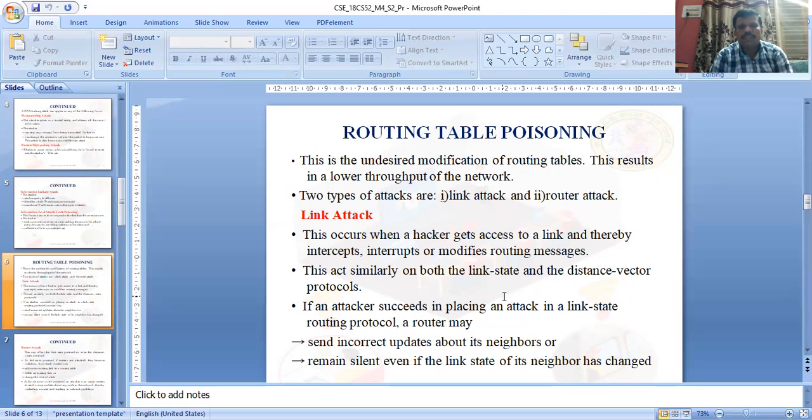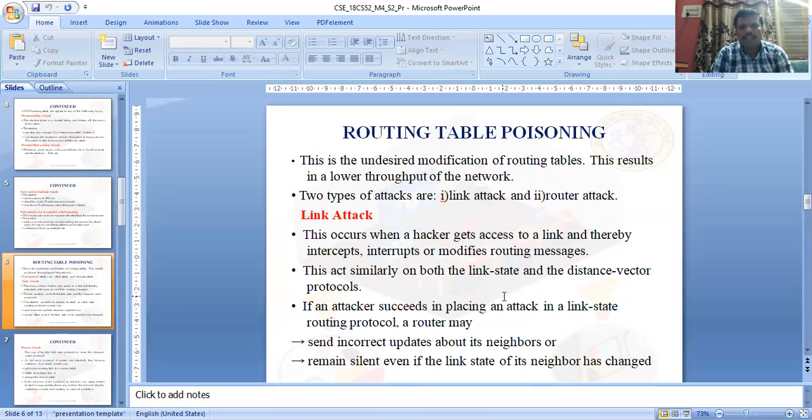These two types of attacks occur in a routing table: link attacks and router attacks. A link attack occurs when a hacker gets access to a link and thereby interrupts or intercepts, modifying the routing messages. The routing algorithms are maintained, and the entire routing messages have been modified.